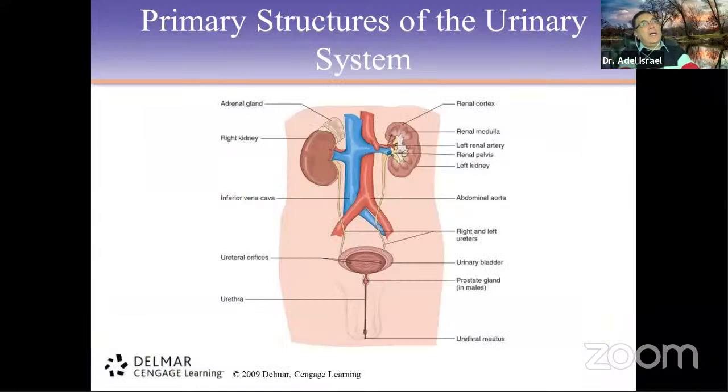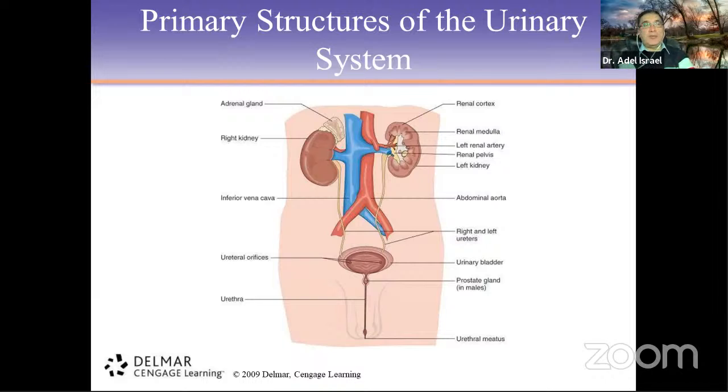As you know, we are going to talk about the structure of the urinary system in tomorrow's lecture, but I need to go over it in brief. We have 2 kidneys, right and left, and sometimes people are born with only 1 kidney and the other one is rudimentary or not well developed.